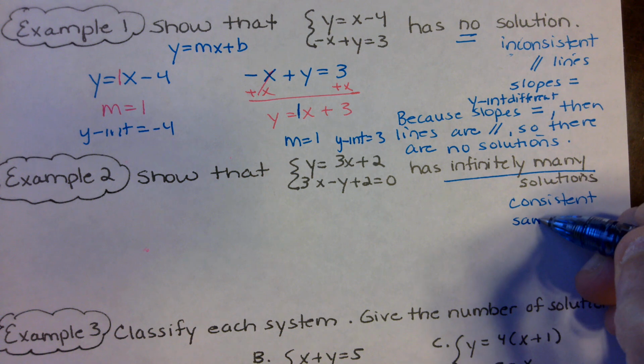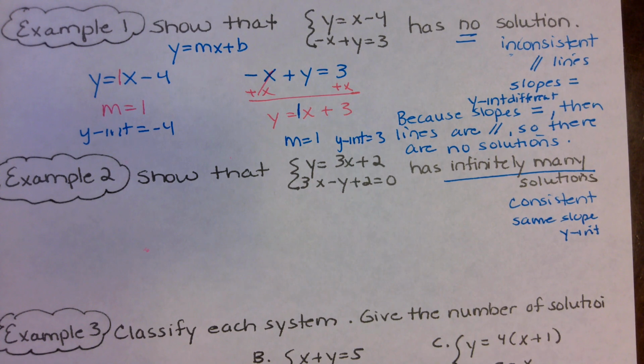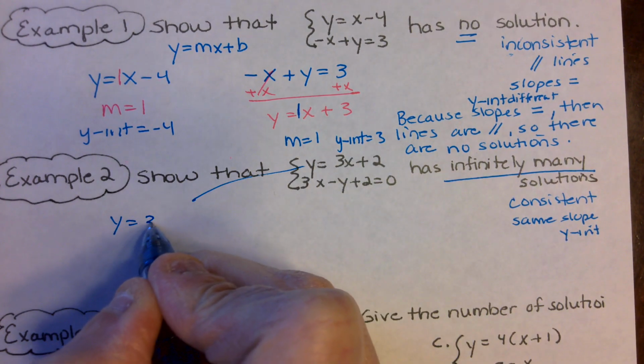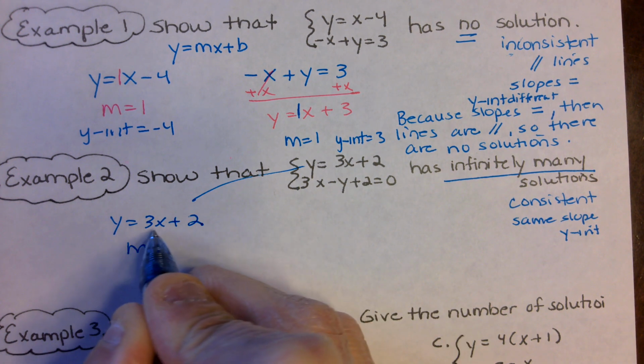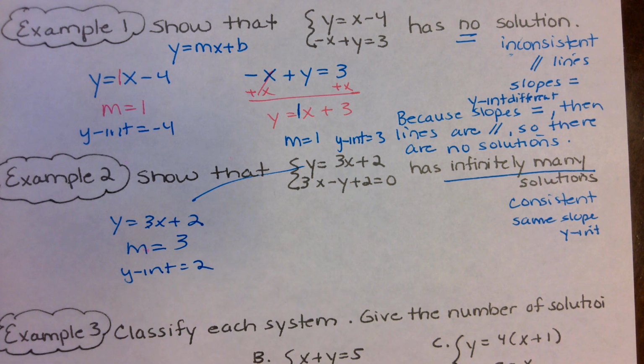So you should have the same slope and y-intercept. It should be the same line. It should be exactly the same. So let's look. First one, y equals 3x plus 2. Slope is 3. Y-intercept is 2.